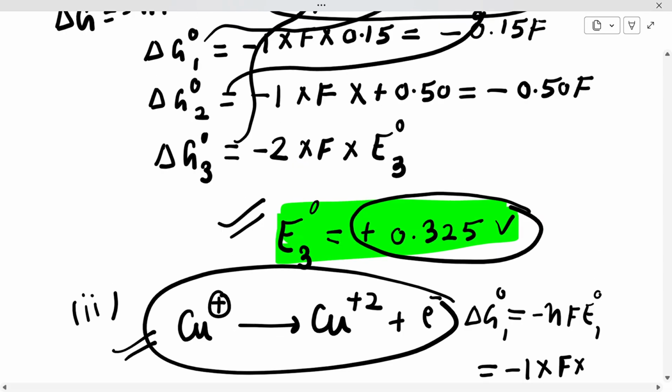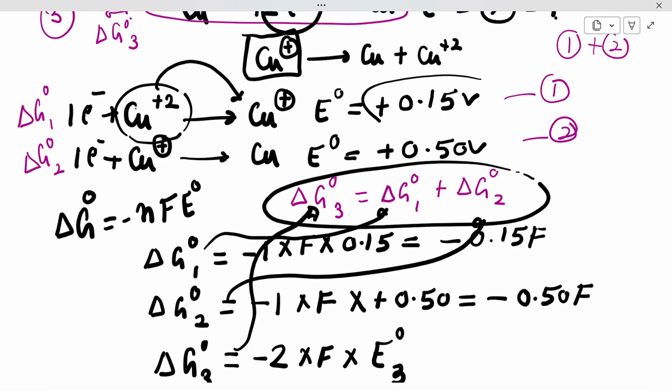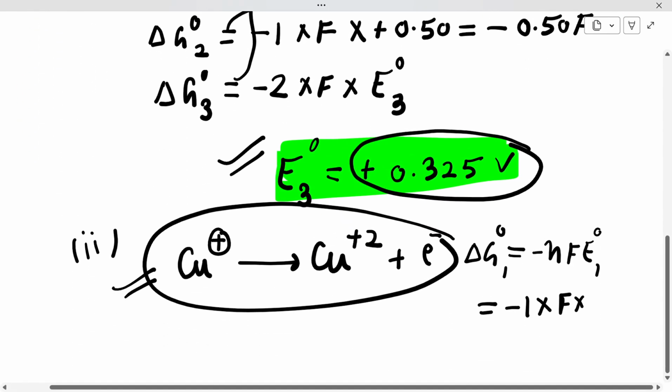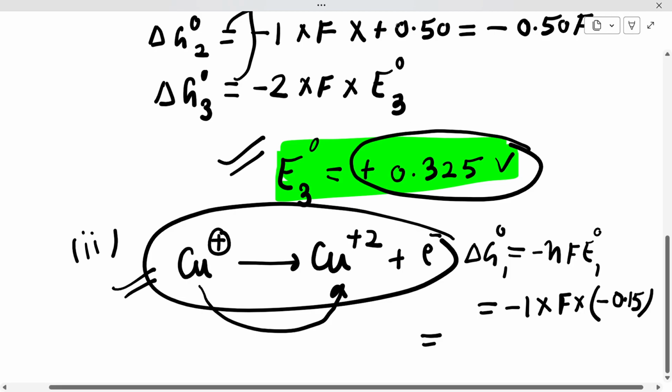because we are inverting our first reaction. In the first reaction that was given, when Cu plus 2 gets converted into Cu plus 1, the electrode potential is plus 0.15. So if we take the opposite reaction, converting Cu plus to Cu plus 2, the electrode potential will be minus 0.15.